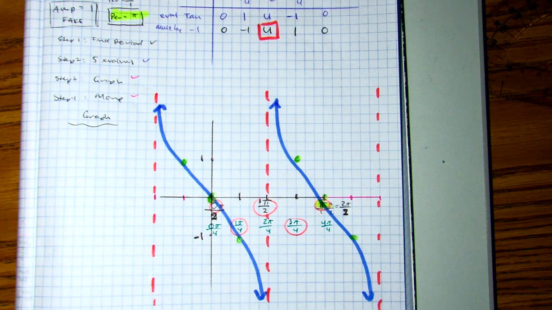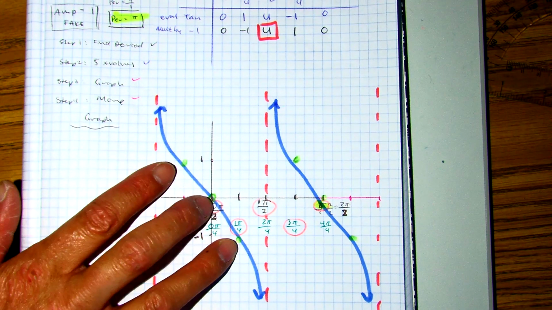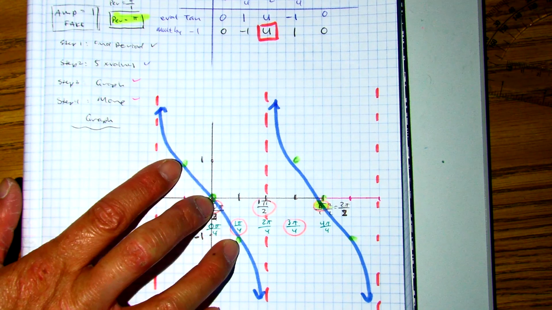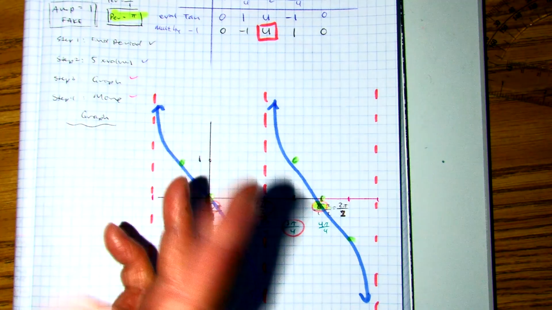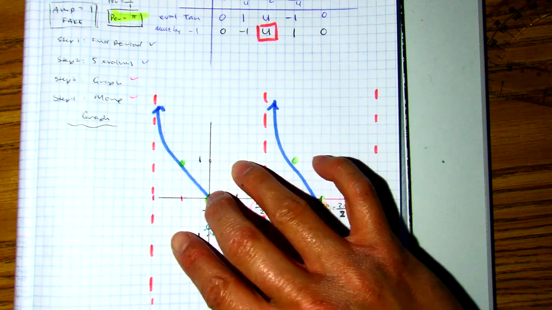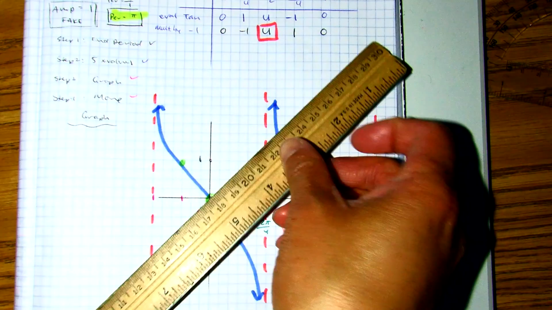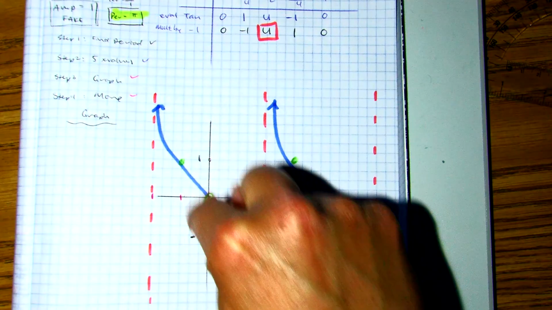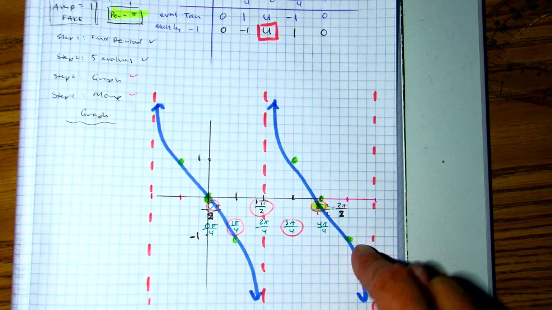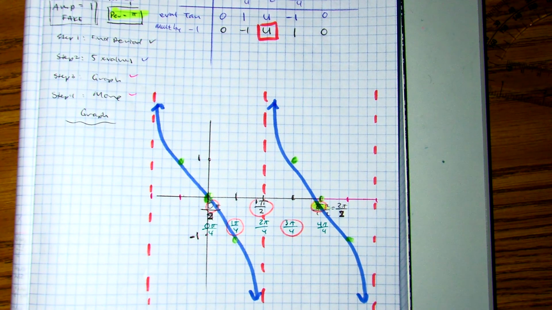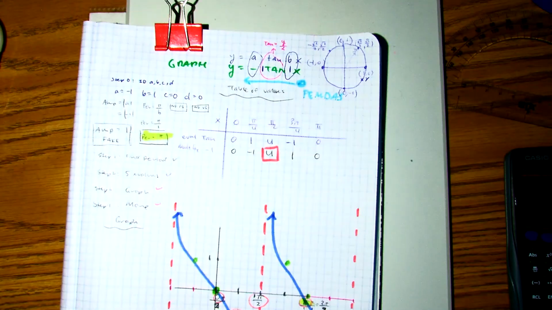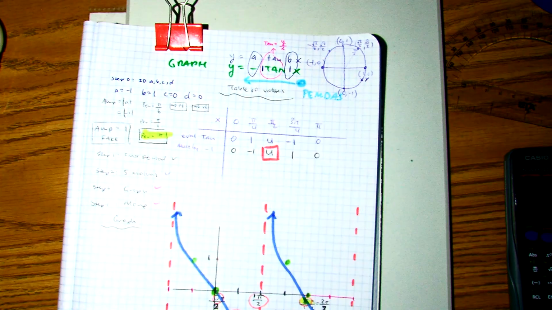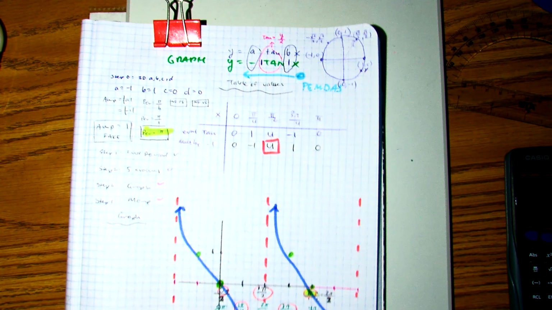Everyone say linear. Those 3 points between the asymptotes will be linear. They'll be in a line. Because the a value flipped our points over the x-axis, it would normally have the 3 points here. It would actually be literally a straight line, those 3 points. And then it kind of curves. So it looks a little bit different than your sine and cosines. Definitely think back to your unit circle or how you would evaluate those points. But it's essentially the same thing, just looks a little bit different.